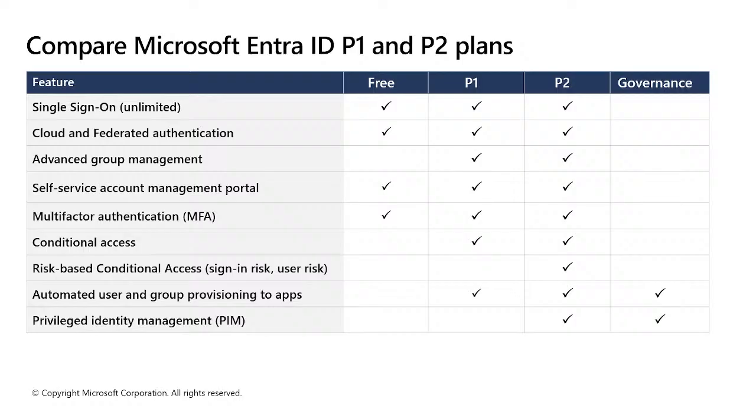Now, there are other services, like the cloud and federated authentication, like I said, when you want to leverage a third party for authentication instead of just your username and password. Multi-factor authentication, yes, but let's say you want to give users access to reset their password on their own, or you want advanced group management with a dynamic group, where you don't want to assign users to the group manually.